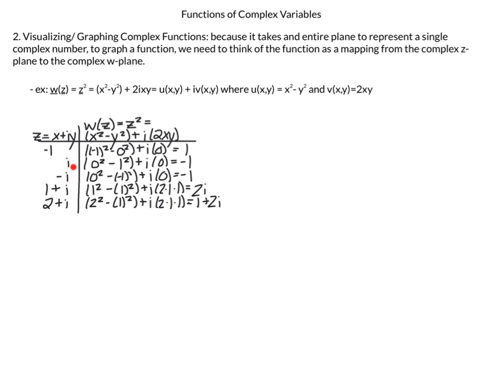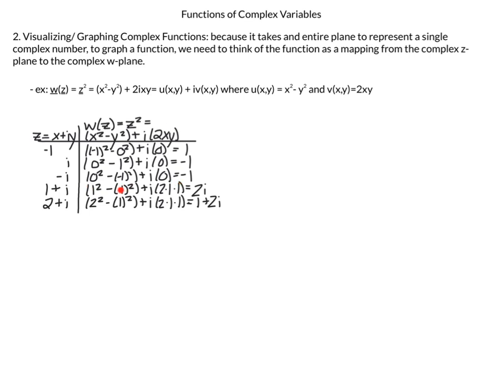Okay, so next I have negative i. So x is equal to 0 and y is negative 1. So I get 0 squared minus negative 1 squared plus i. Again, because x is 0, I just set this equal to 0. So my final answer is negative 1. For 1 plus i, in this case x is 1 and y is equal to 1. So I have 1 squared minus 1 squared plus i times 2, where x is equal to 1 and y is equal to 1.